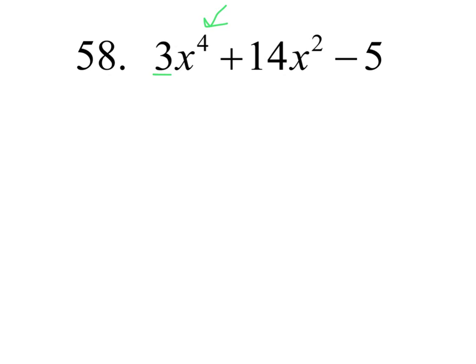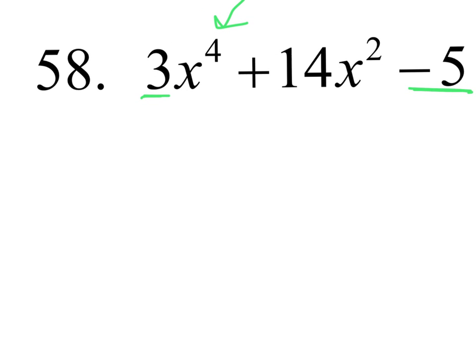This has a leading coefficient, so we want to make sure that we multiply the first times the last number. When we do that, we see that we want to find two numbers that multiply to equal 3 times 5, which is 15.